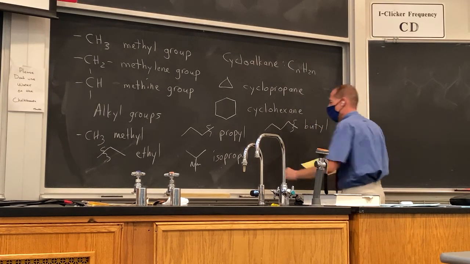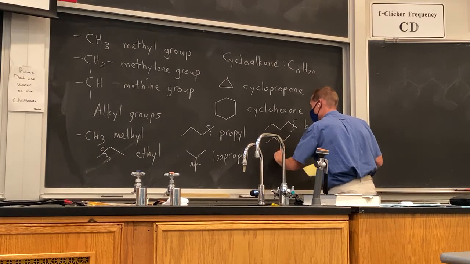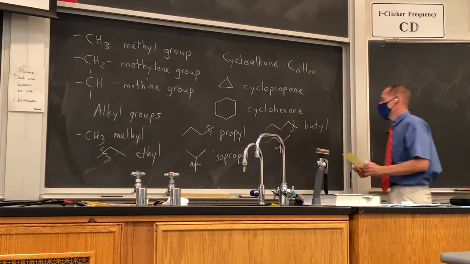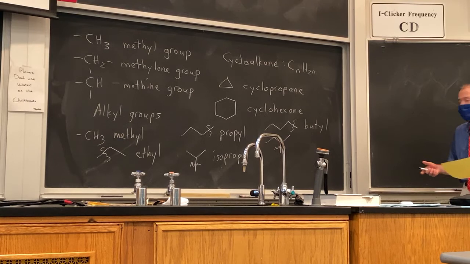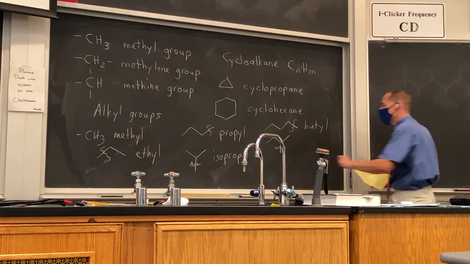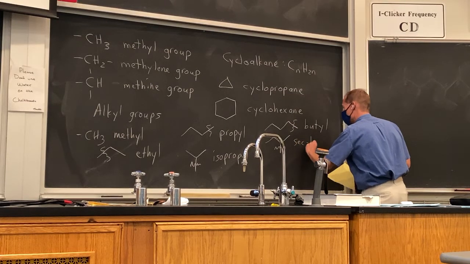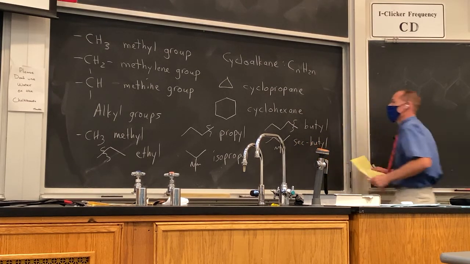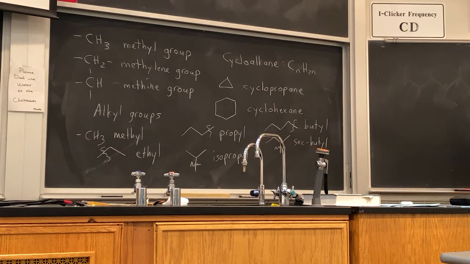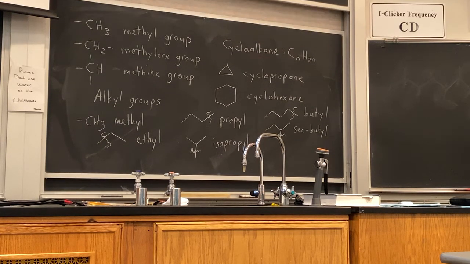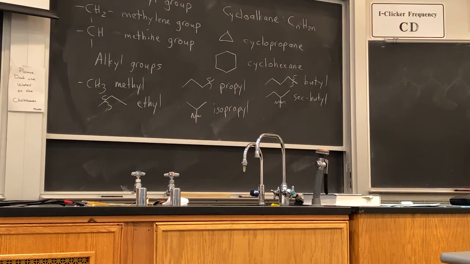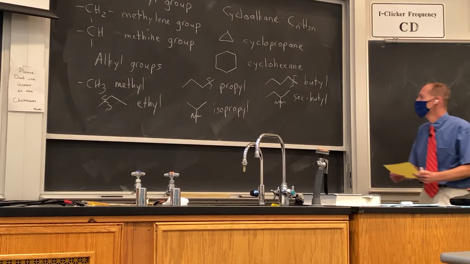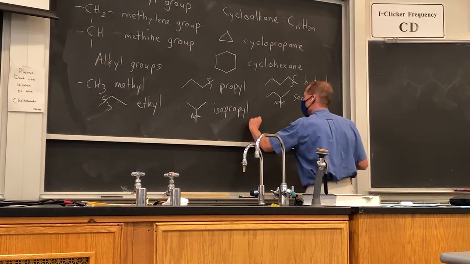But we could attach this 4-carbon group from a secondary carbon, and we call that sec-butyl, where the sec is just short for secondary. So sec-butyl is the 4-carbon straight chain attached at the secondary carbon.